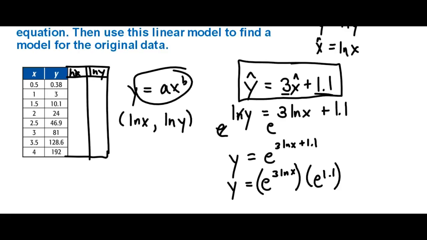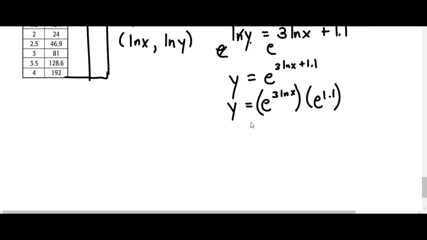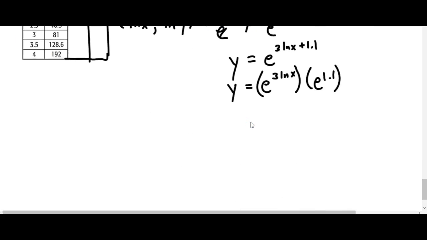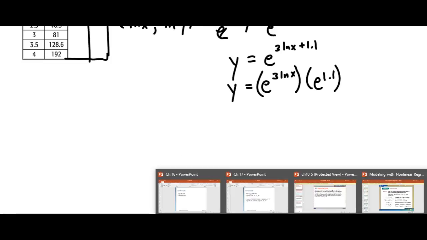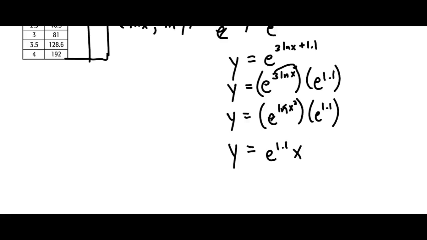Remember the e is going to cancel out an ln, so what we can do there is make this 3 become a power of x. Remember, we're using the reverse rule we've done with logarithms. So we can make this e to the ln of x cubed times e to the 1.1. Now the e and the ln cancel out, so we have y equals essentially e to the 1.1 times x cubed.